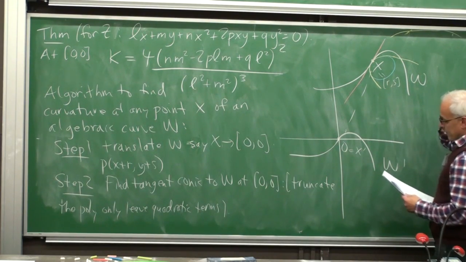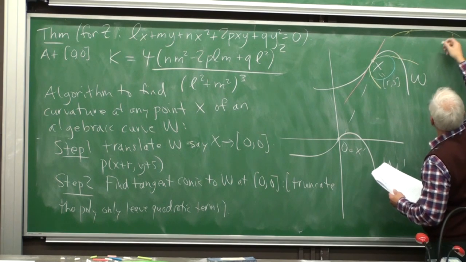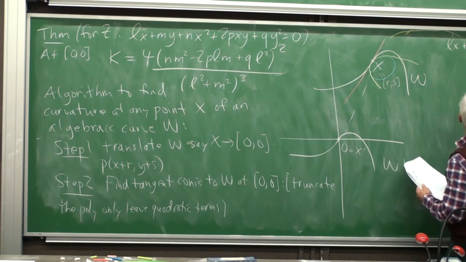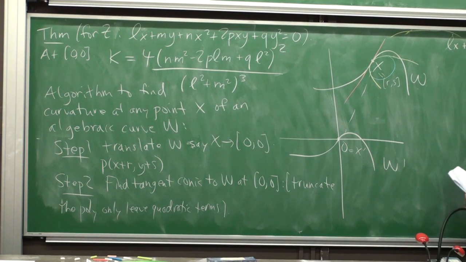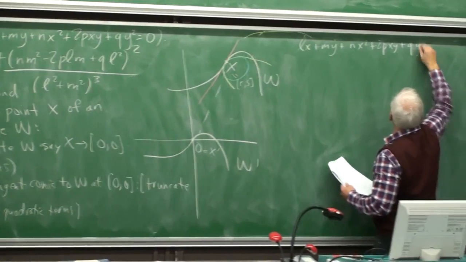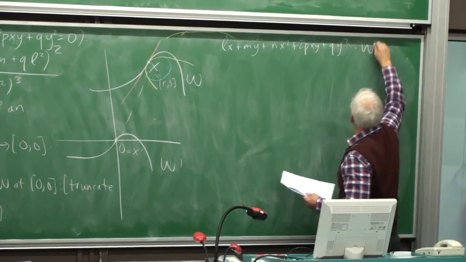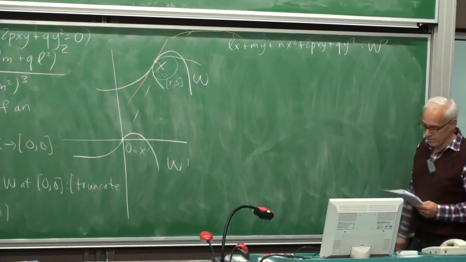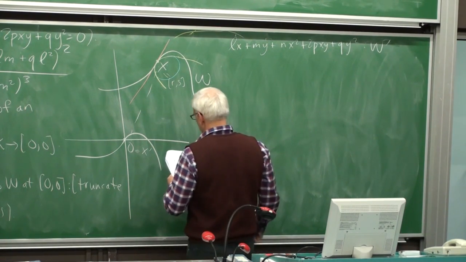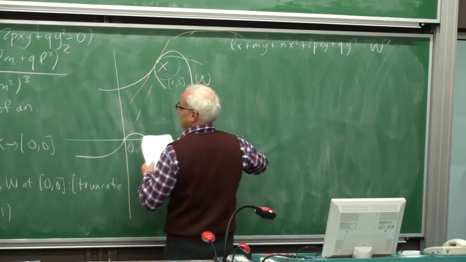Okay, so then we get this conic, and let's write the conic as Lx plus My plus Nx squared plus 2Pxy plus Qy squared. That's the conic that we're calling W prime. And now we just use that formula.